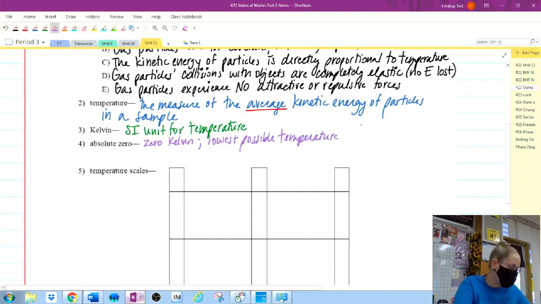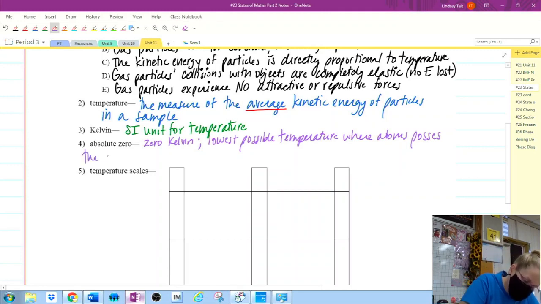And if that's the lowest possible temperature of anything, that means that your atoms possess, am I spelling possess right here? They possess no kinetic energy. If temperature is the measure of kinetic energy, then absolute zero is the absence of kinetic energy.